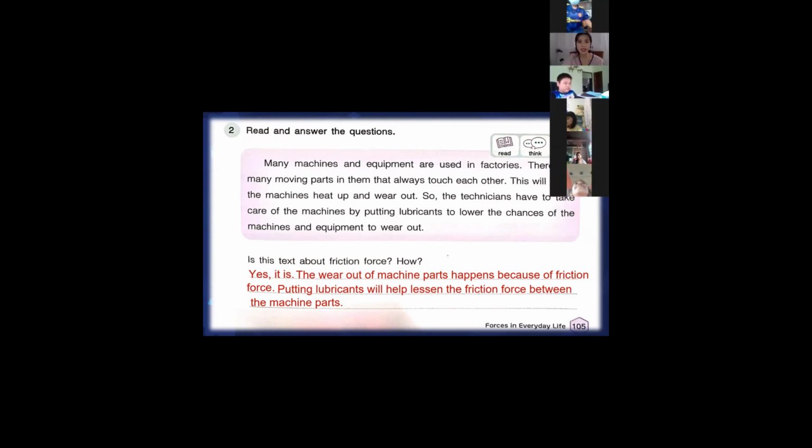Take a photo of your activity. I'm going to check that and record it. At the end of this semester, I will show you your grades.